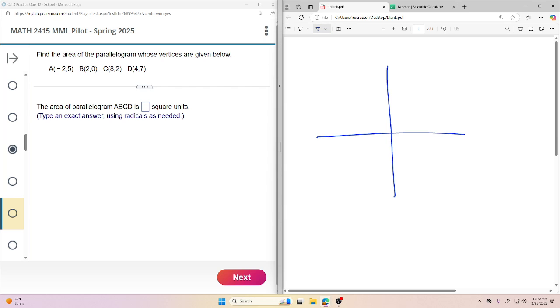We got -2, 5. So that's somewhere up here. And then it's just rough. 2, 0. So this is A, this is B. We got 8, 2. So way out here at 2. And then 4, 7 is going to be even higher up here. D. So there's your parallelogram.